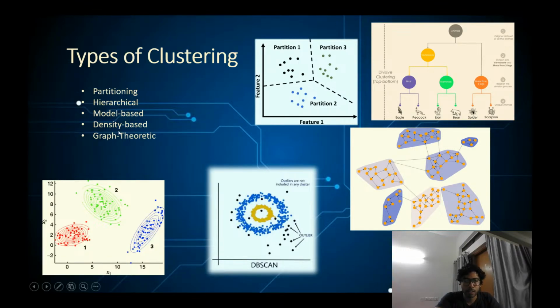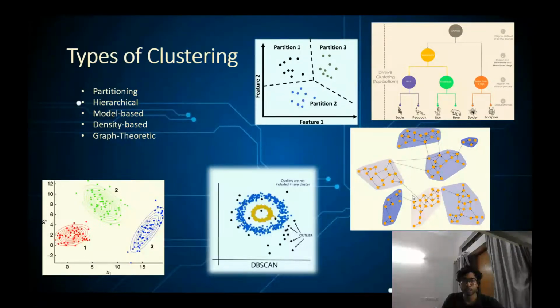And the last part is the graph theoretic algorithm. So it involves a lot of mathematical details, which we'll not go into. But graphs are basically, we have these data points in this space, and when you have a connection between all these data points, you can form different clusters within these graphs.